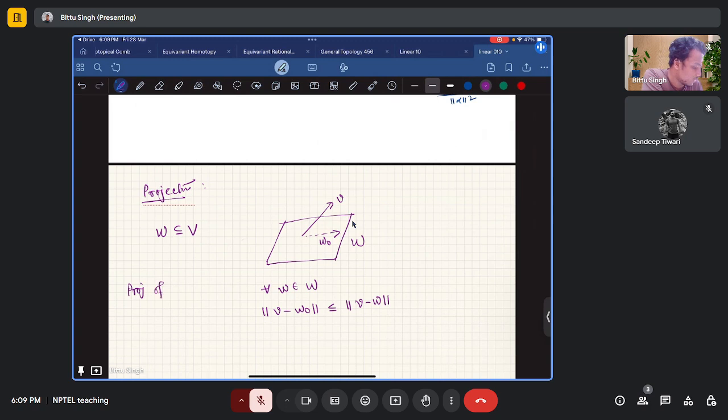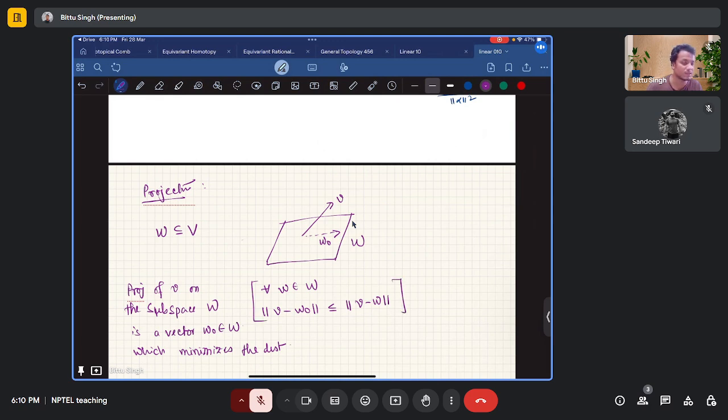Projection of V on the subspace W is a vector W0 belonging to W which minimizes the distance. I have explicitly written what is the meaning of minimizing distance.